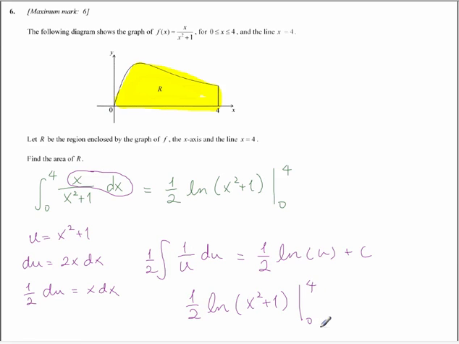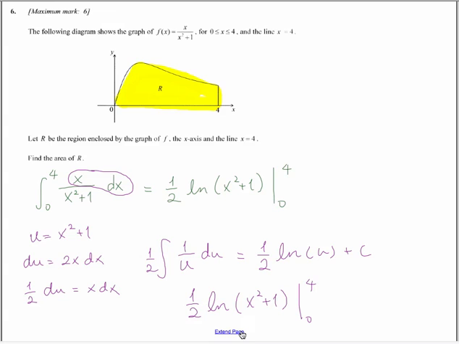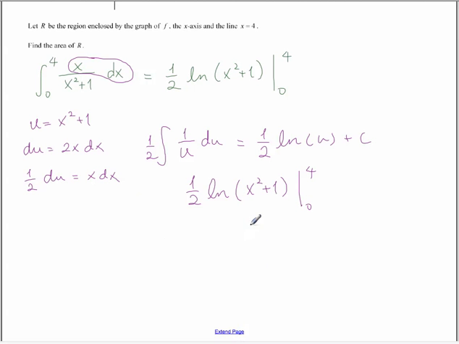Right? Now, you don't stop there. We're going to actually find the area. And what would we do? We evaluate this integral from 0 to 4. So 1/2 ln of 4 squared plus 1 minus 1/2 ln of 0 squared plus 1.